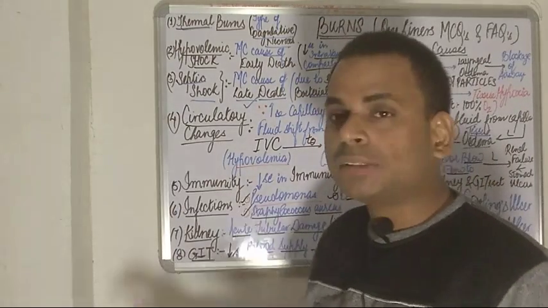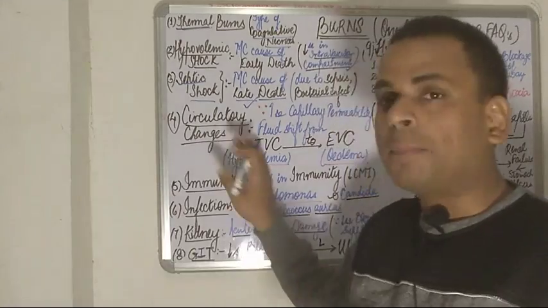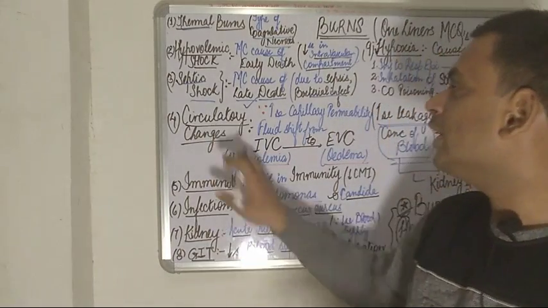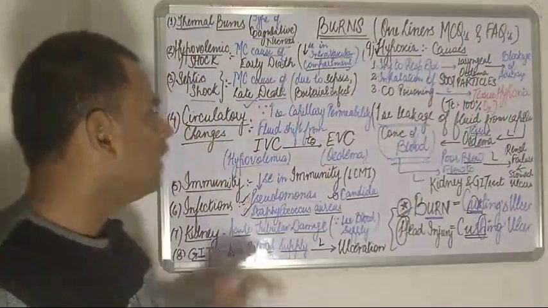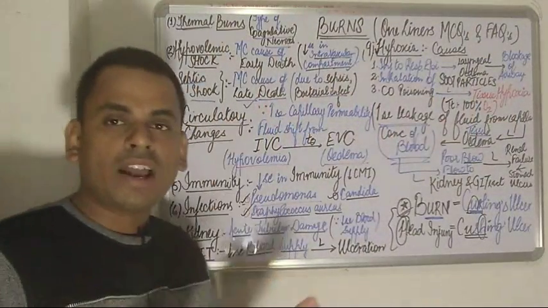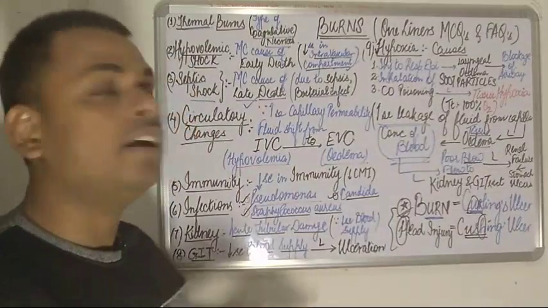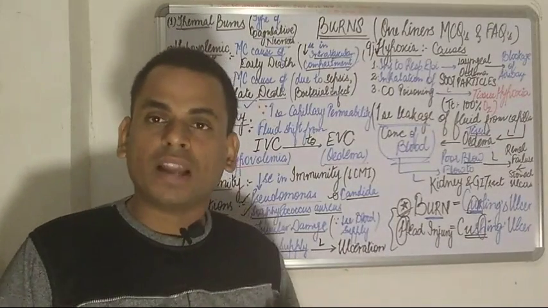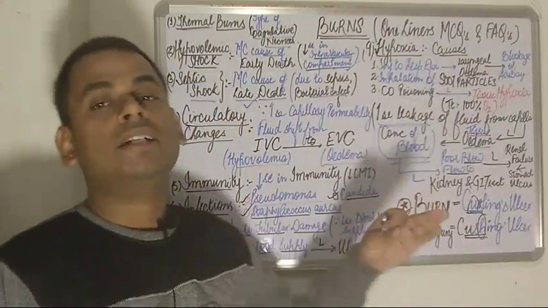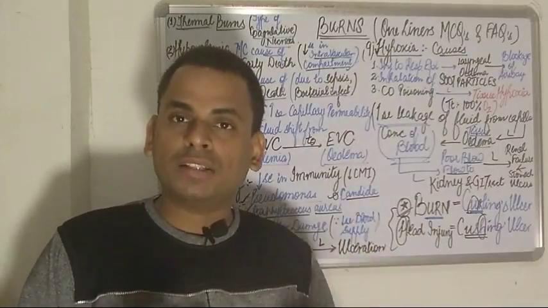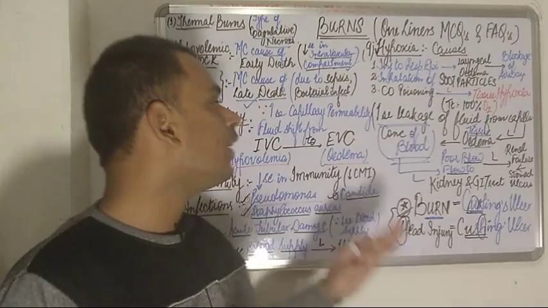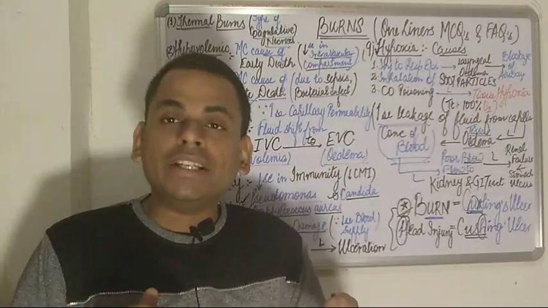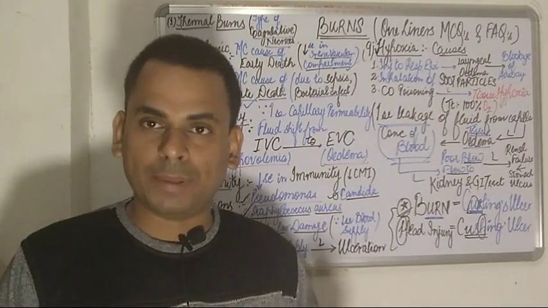Moving on to the next very important complication for a burn patient, it is the circulatory changes. As I have already told you, in burn patients, whenever a severe burn occurs, the blood capillaries in that particular area have an increased capillary permeability.